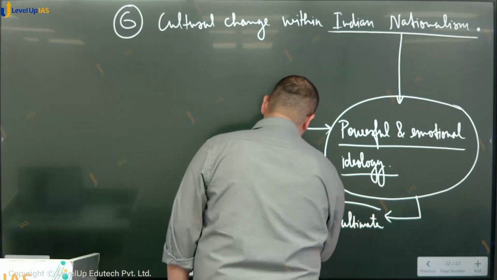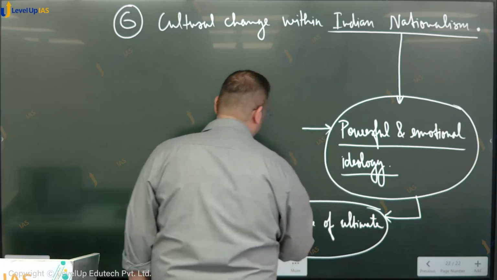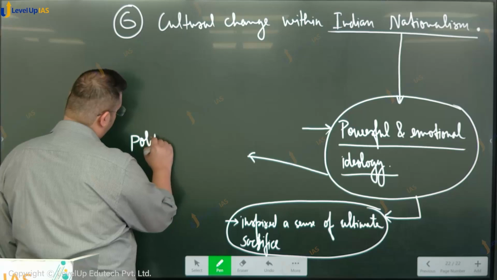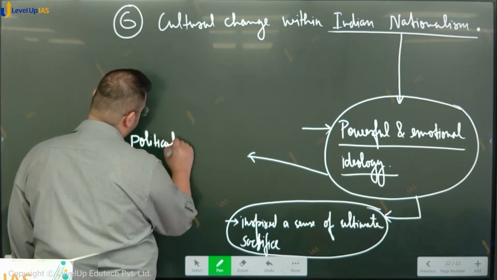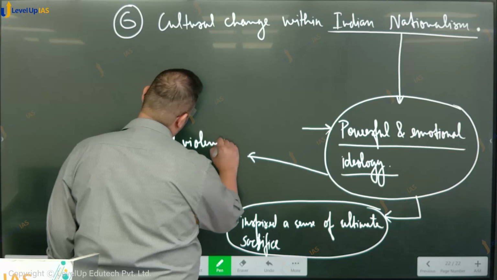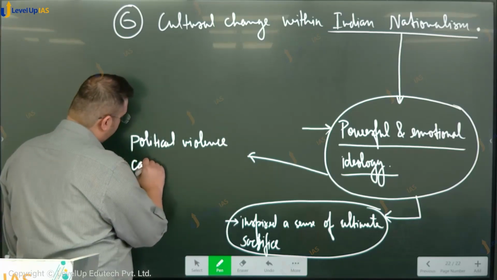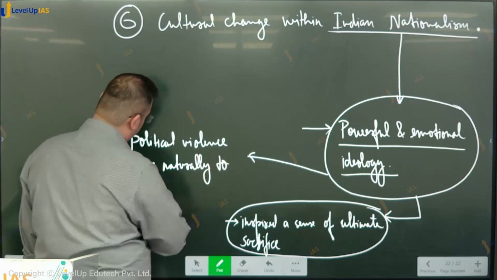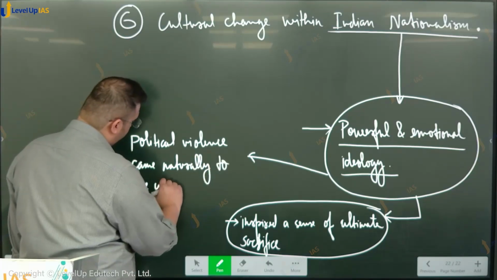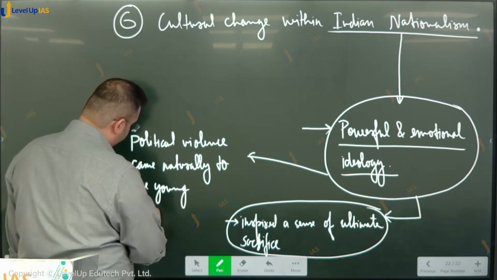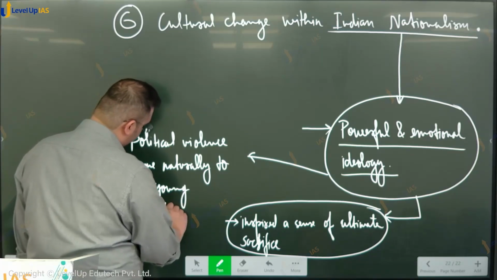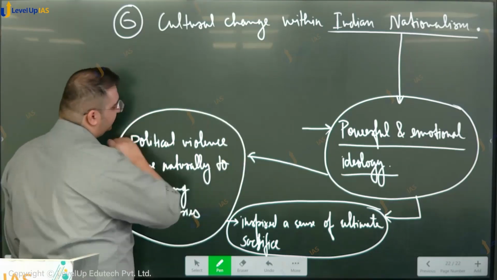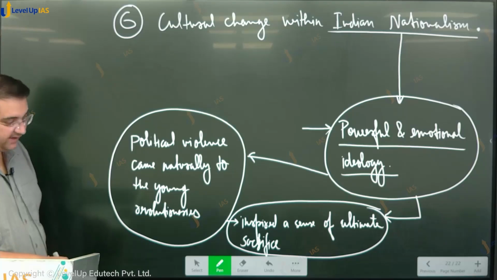And thus political violence came naturally to the young revolutionaries. In fact, they saw it as their sacred duty to the motherland.